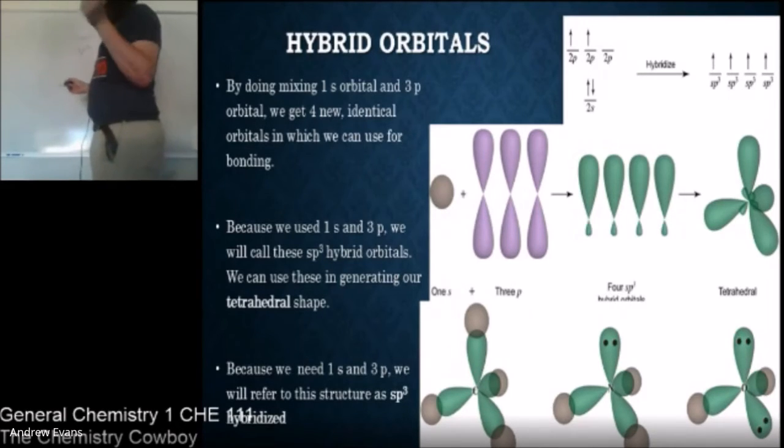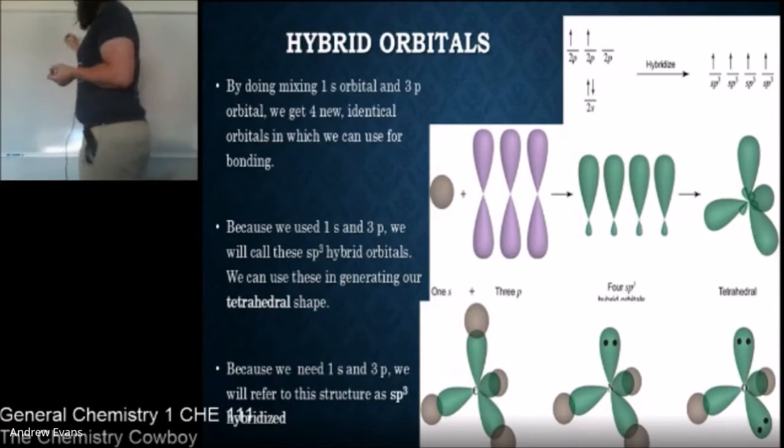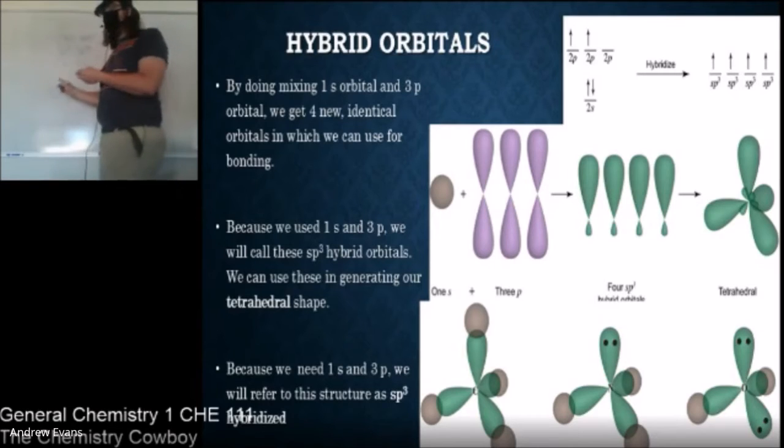Well, if I need to make 3 bonds, I'm going to use this 1s and 2p orbitals, and I'll use sp2. And so our structure for sp2 is trigonal planar.